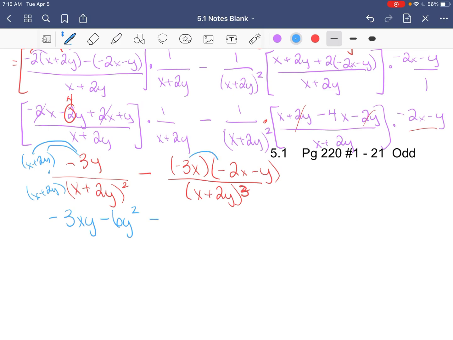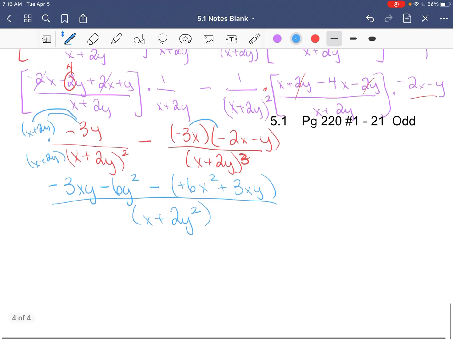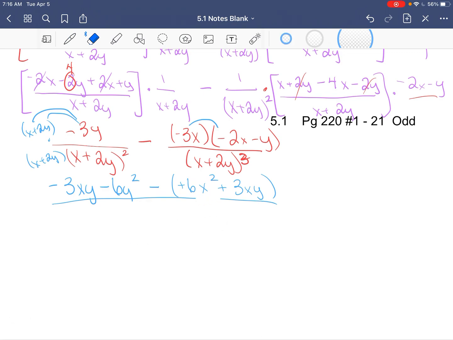We've got a negative 3, so we'll subtract a negative 3 times a negative 2x, which would be positive 6x squared plus 3xy. Now that is all over x plus 2y squared. Nope, that is not what it's over. It is all over x plus 2y cubed.